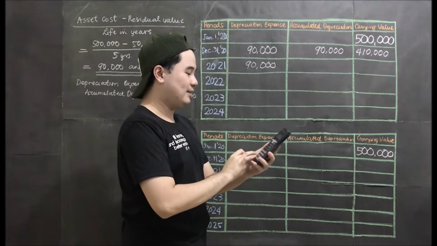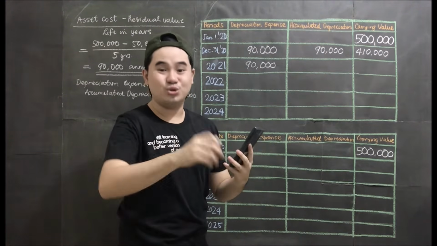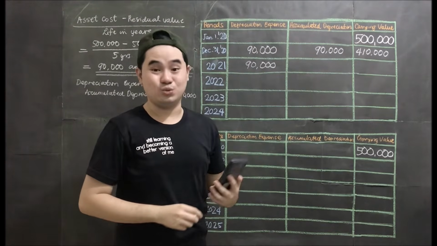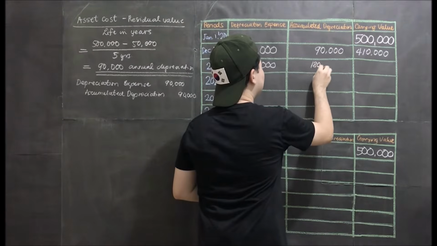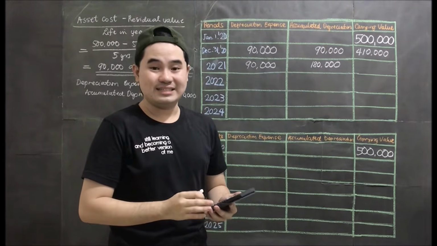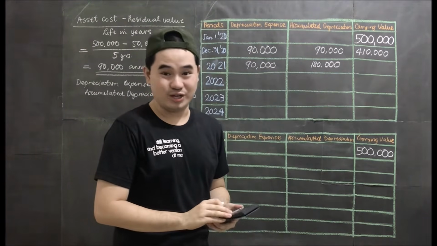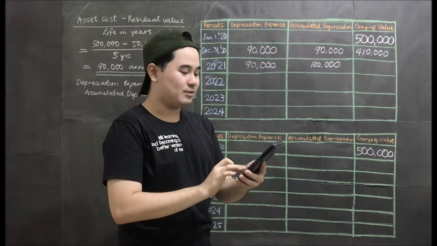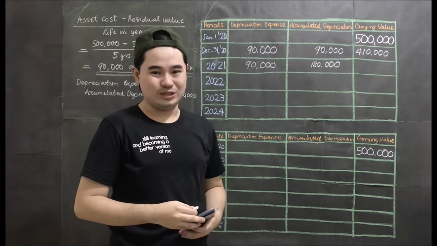So, 90,000 plus 90,000, the value of accumulated depreciation on the second year of the asset is 180,000. So the carrying value of the asset is asset cost, again, minus accumulated depreciation. So 500,000 minus 180,000 gives you 320,000.